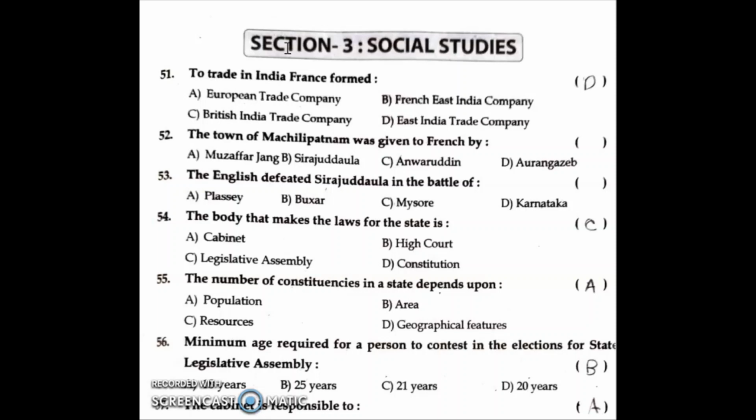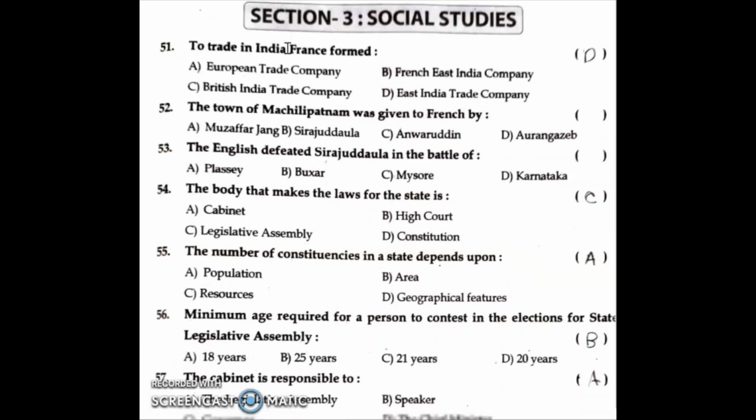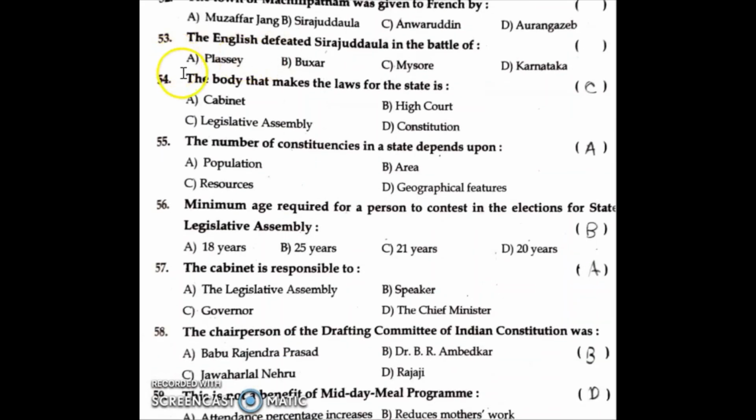English defeated Sirajullah in the Battle of A. Plassey. The body that makes laws for the state is C. Legislative Assembly.